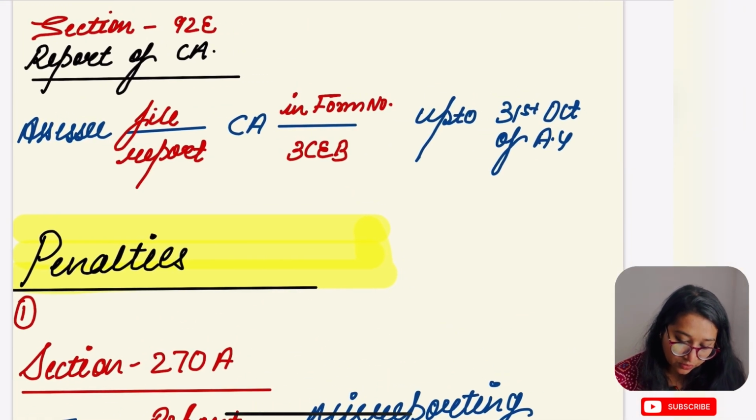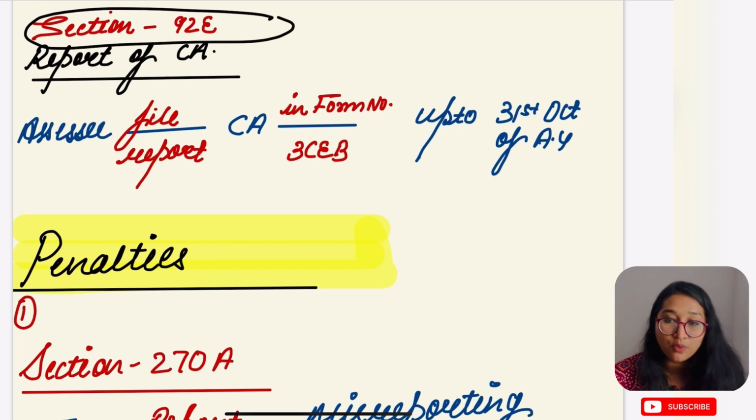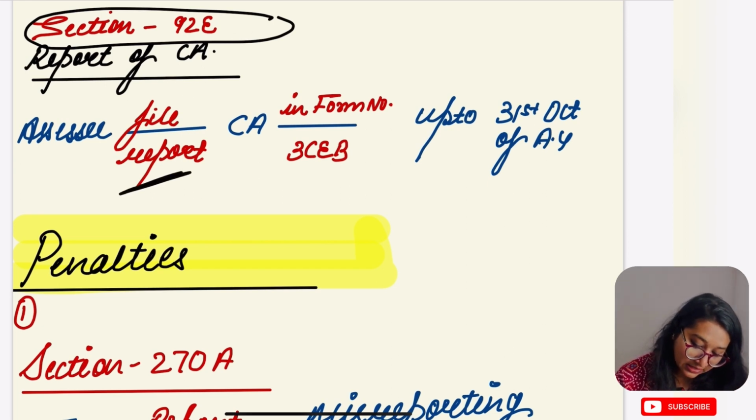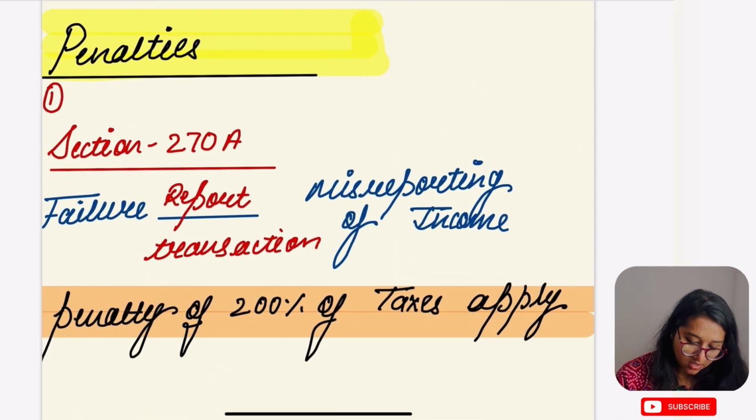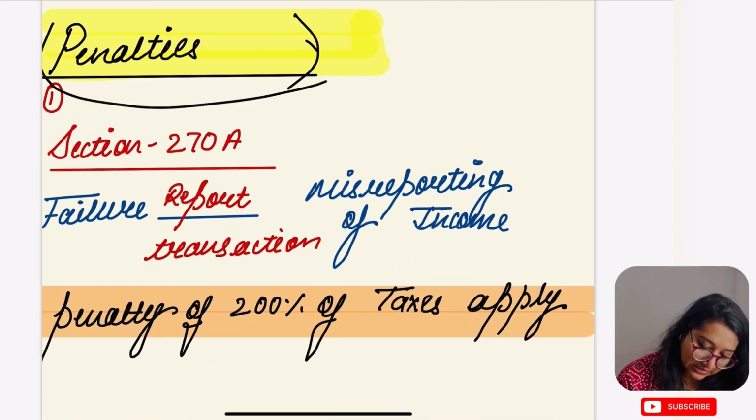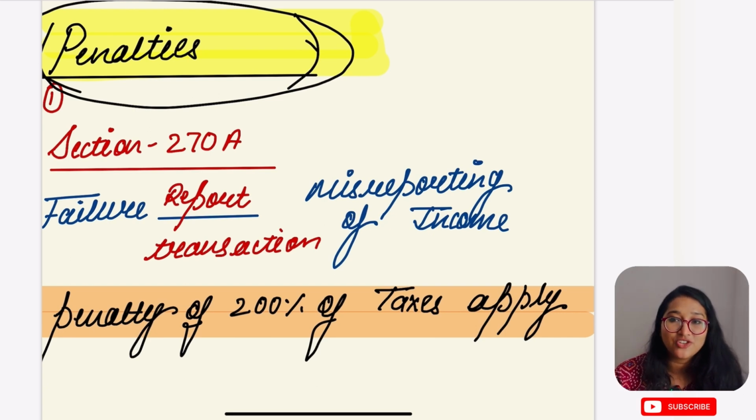So let's go for the other two sections. Section 92E, which is the report of the CA. The SSC has to file a report from a CA in Form No. 3CEB up to 31st October of the assessment year. And this would be the last final topic of this chapter.